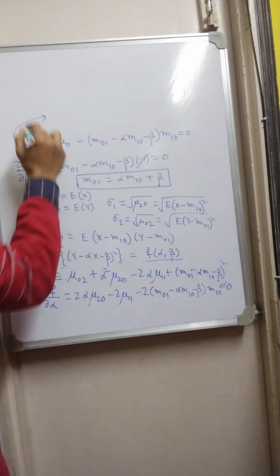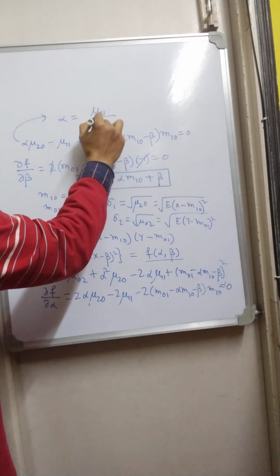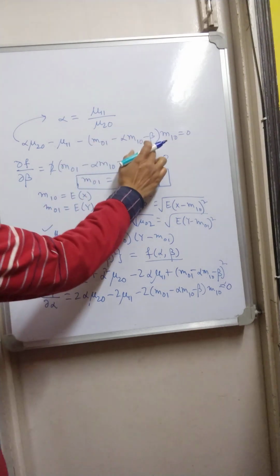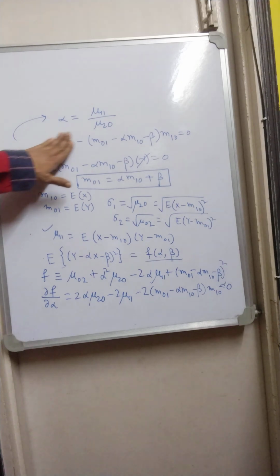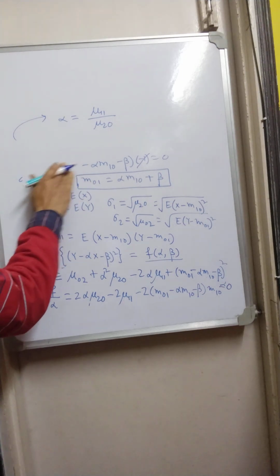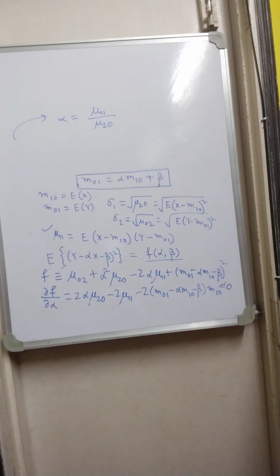So this reduces this relation to alpha equal to mu 11 by mu 20. Isn't it so? This is 0. So we have only these two relations to find alpha and beta.